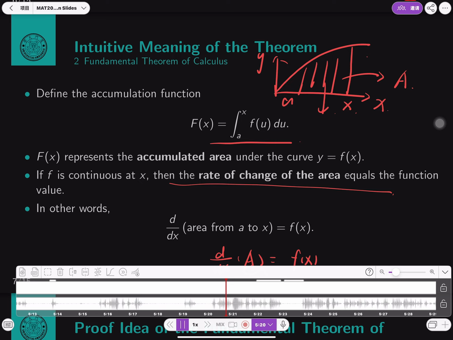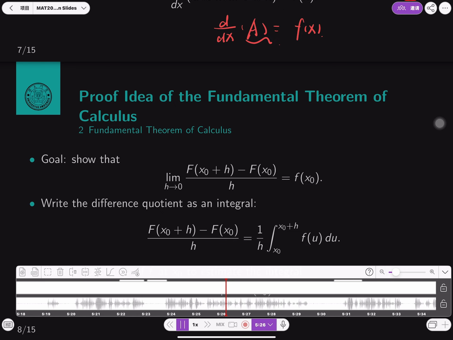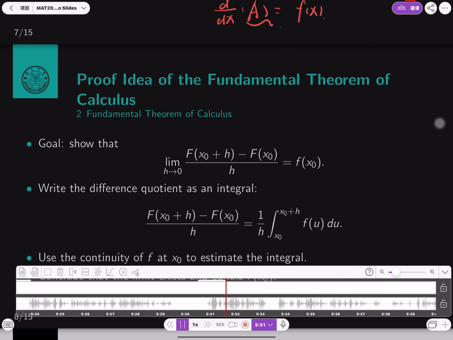Okay, after knowing the statement of the theorem, I will now briefly explain the idea of the proof without going into technical details. The goal is to show that the derivative of big F at x0 exists and equals small f(x0). This is what we want to show. We write the difference quotient as an integral over a small interval. Because small f is continuous at x0, its values near x0 stay close to f(x0).